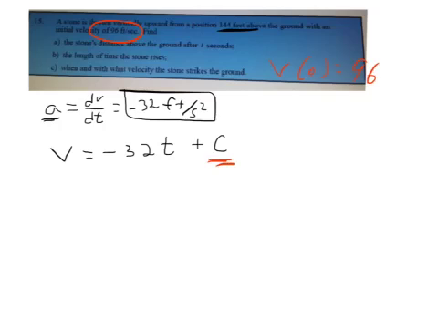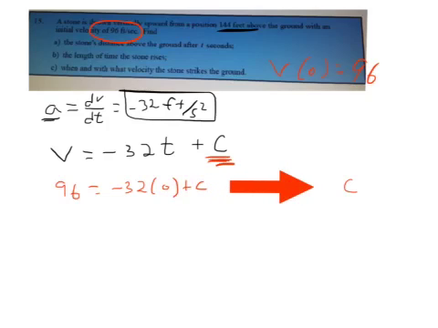So we could find the c value by saying that 96 equals negative 32 times 0 plus c, and this quickly leads to the fact that c equals 96.